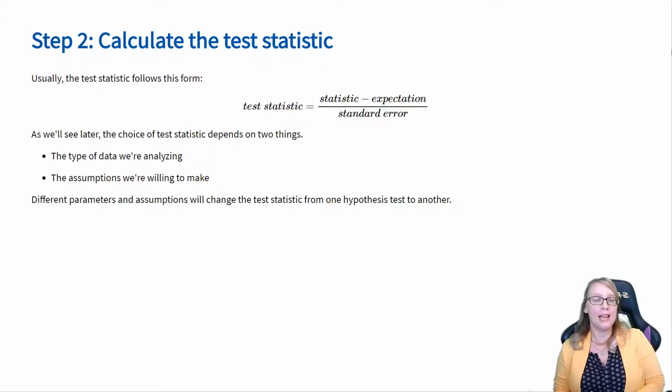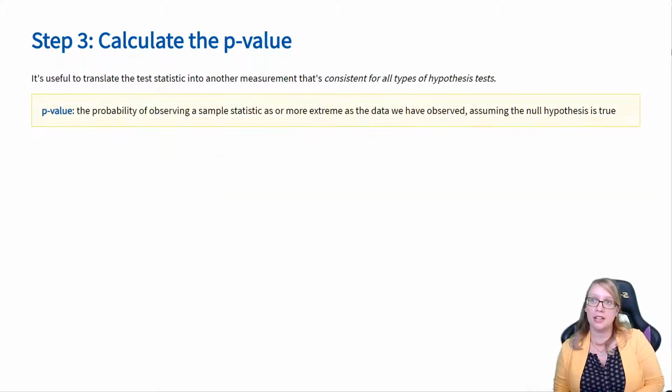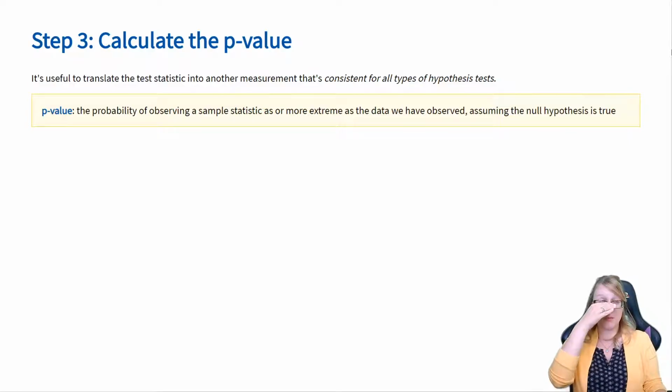It depends on the type of data we're analyzing, whether we have a single sample, multiple samples, numerical data, categorical data. It also depends on what assumptions we're willing to make about what our population looks like.